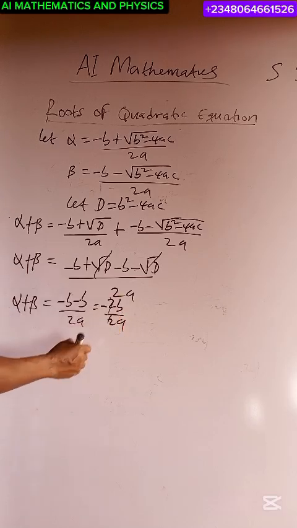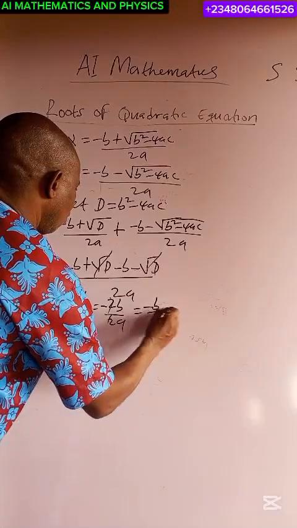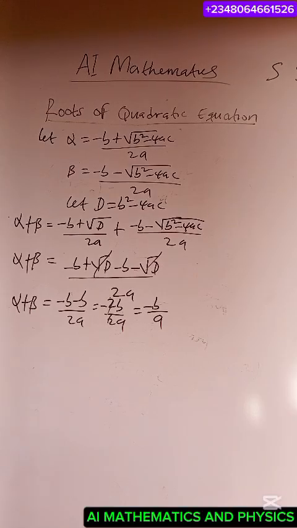Count this. Our thing will now be equal to minus b over a, which means alpha plus beta is minus b over a. Also, let's find the product of alpha and beta.